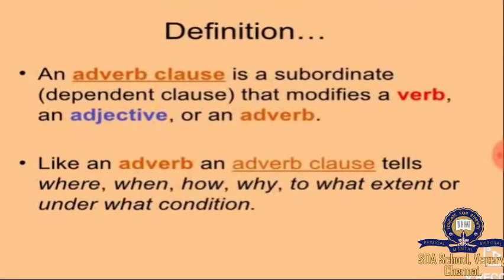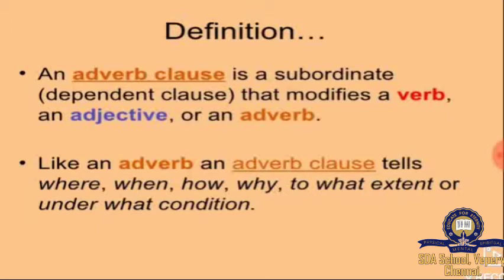What is an adverb clause? So the definition of an adverb clause is: an adverb clause is a subordinate or a dependent clause that modifies a verb, an adjective, or an adverb. So an adverb clause is also a dependent clause. A dependent clause basically depends on the main clause.